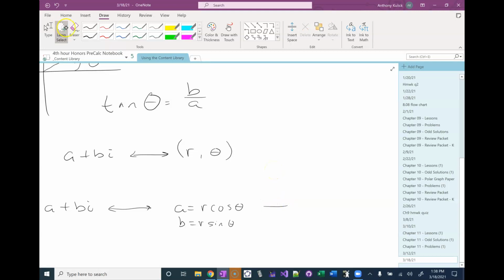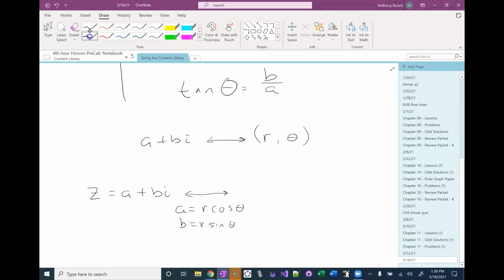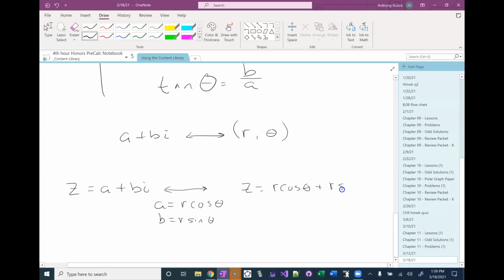So I can say then that's the same thing as saying z equals r cosine theta plus r sine theta times i.